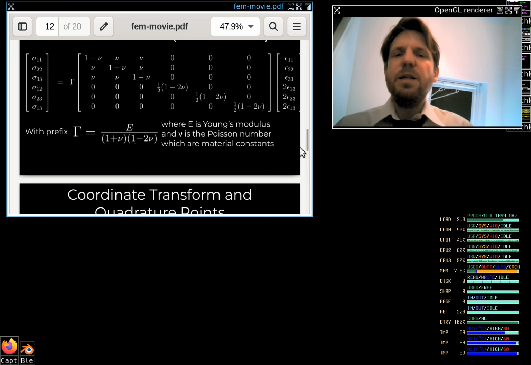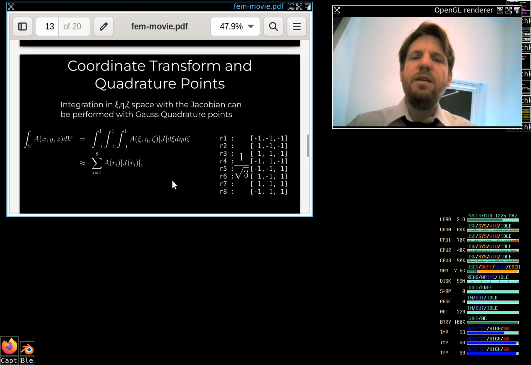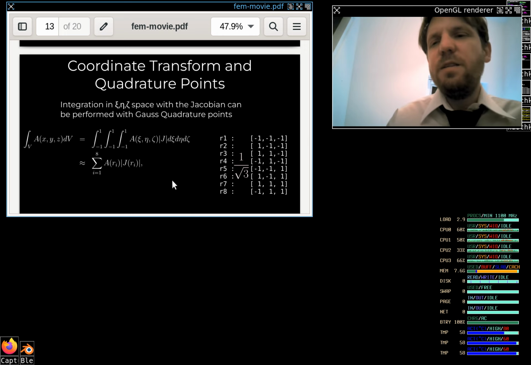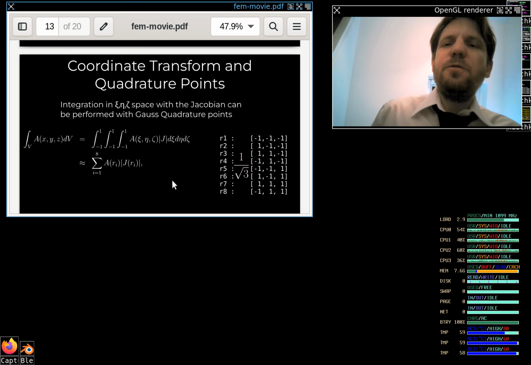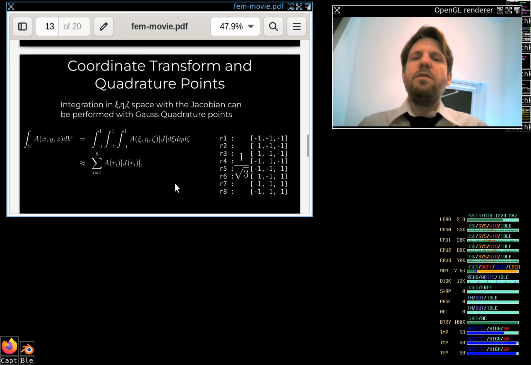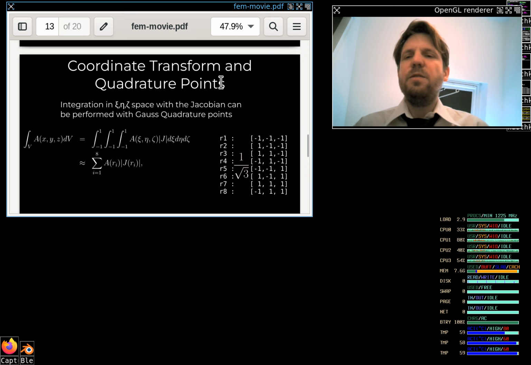Okay, so you multiply this out and you get into that, and then it comes to the whole story of why this coordinate transform is so intelligent, because you can do this integration with the Gaussian quadrature points. So what does this mean?